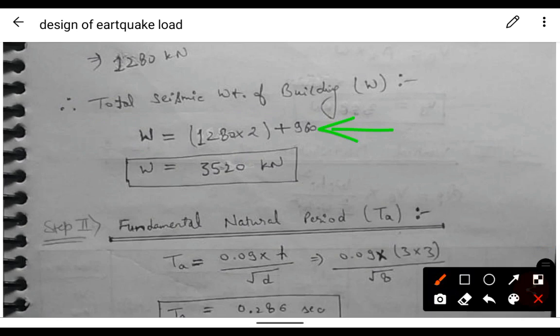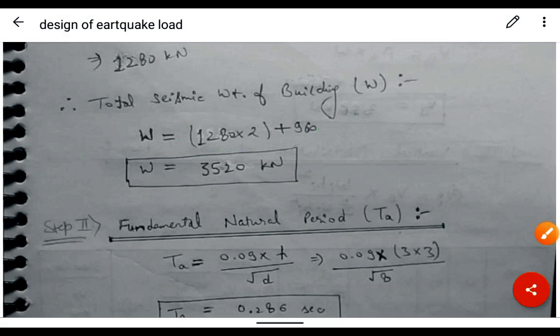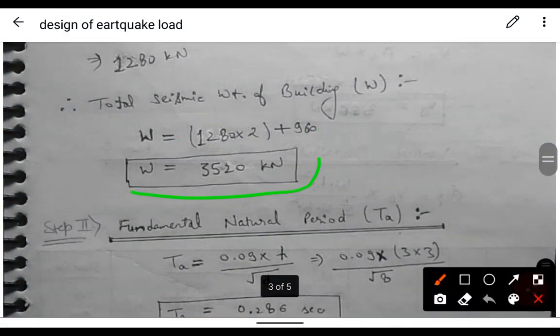This is the load on the roof, and we have 2 stories left. So we multiply 1280, the dead load value on the floor, by the number of floors, that is 2, and add it to the load on the roof. It gives us the value 3520 kilonewton.